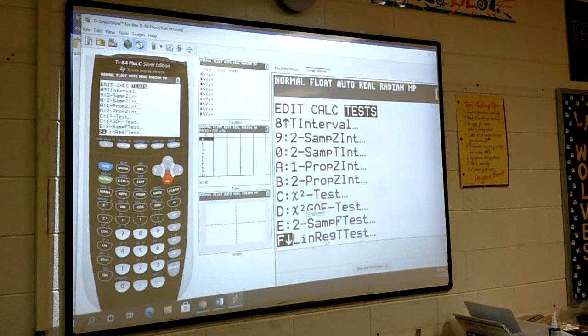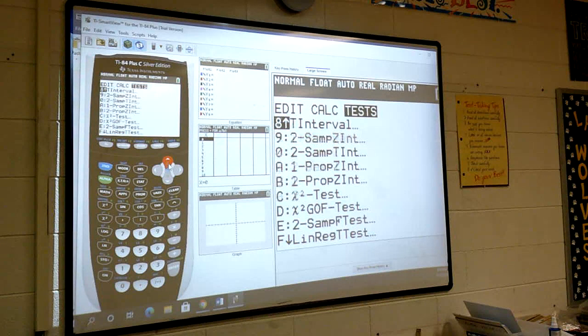Just tells you if your data is linear or not. So all of these on here, all the way 1 through 0, so there's 10, 11, 12, 13, 14, and then a 15th. You'll know 15 different types of either intervals or tests. They'll be split up into different ones by the end of the semester. So that's where we're going in the next about 20 days.